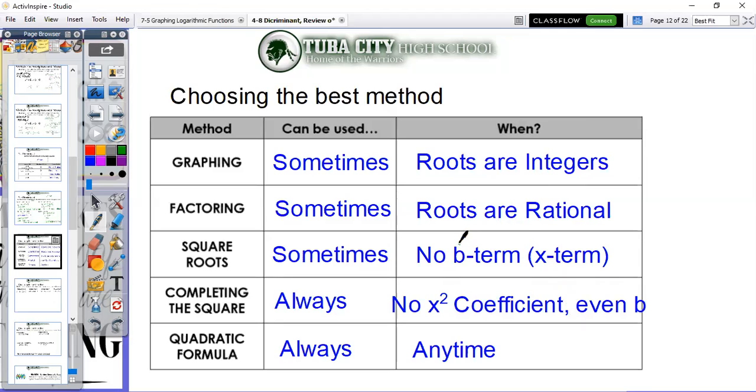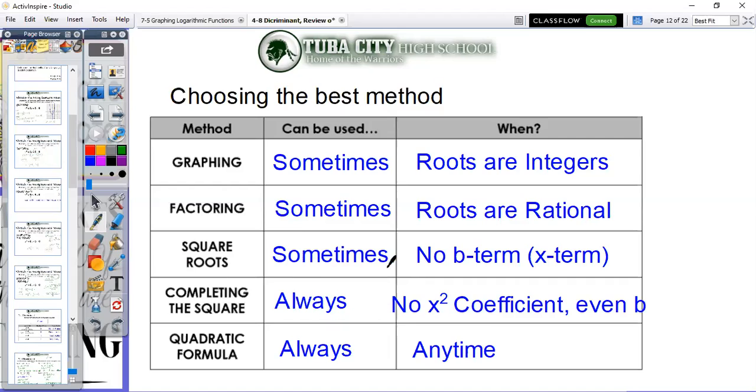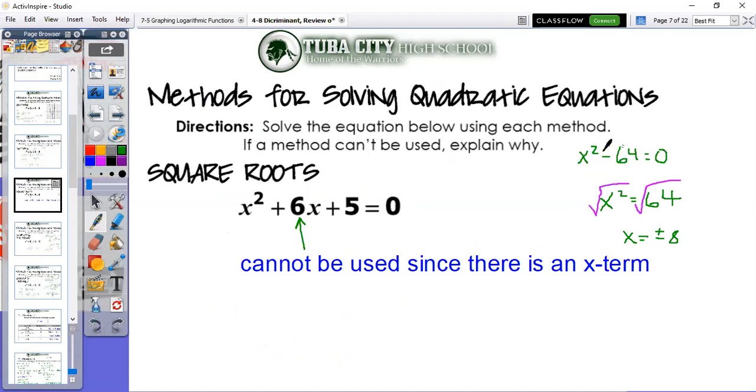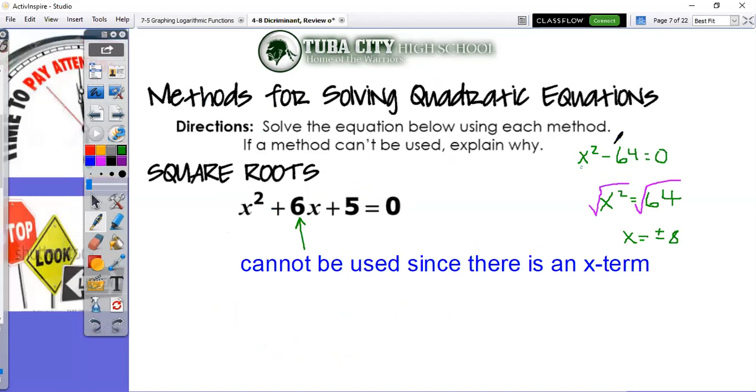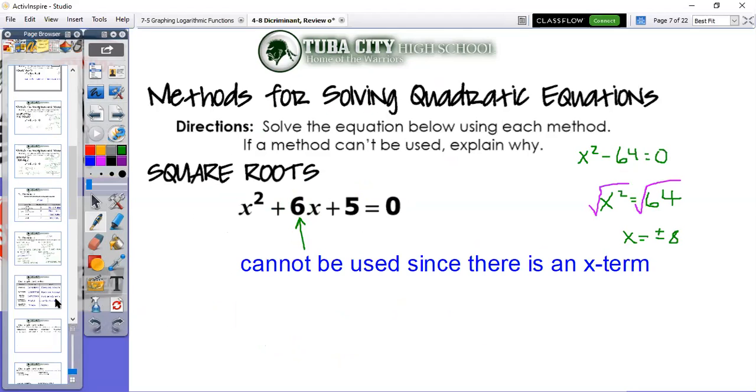Your middle number is missing in the standard form, ax squared plus bx plus c. If you have no middle term, no b term, just the x term, that's the best time to use it. Let me show you really quickly what that looked like. It's something that looks like this, where there is no x term. If this number wasn't there, that would be a great opportunity to use the square root method.